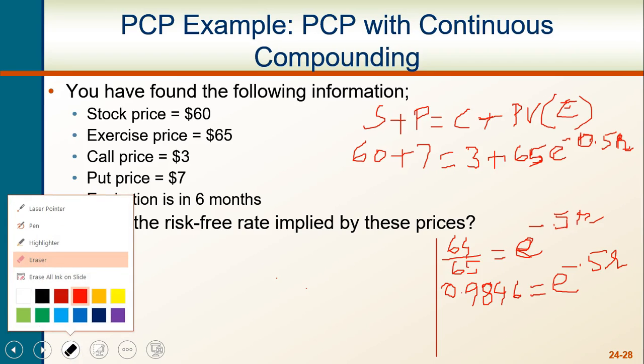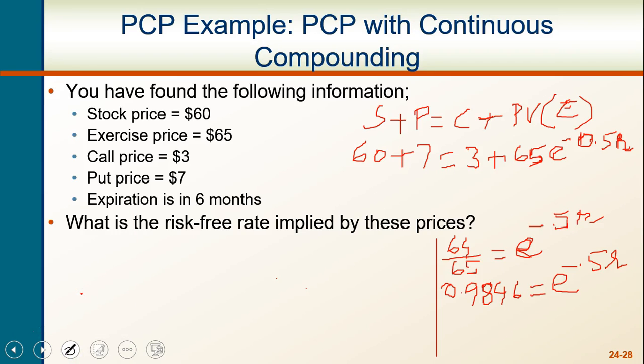So what we have now is 0.9846 equals e raised to the power minus 0.5 r. What we are going to do at this stage, and keep a note of it in your mind, is take the natural log of both sides.